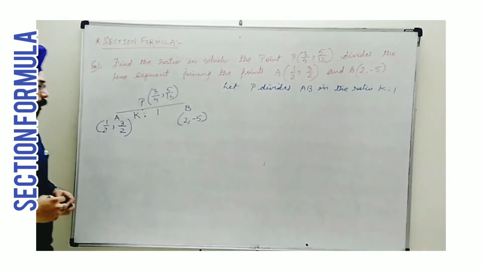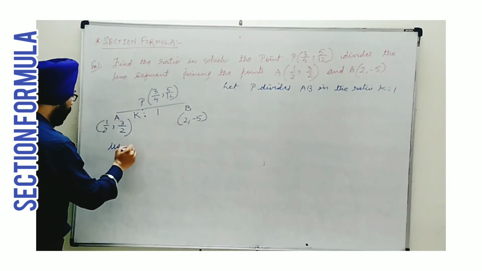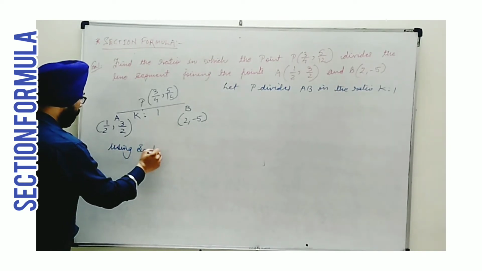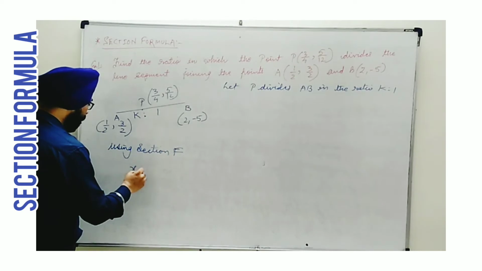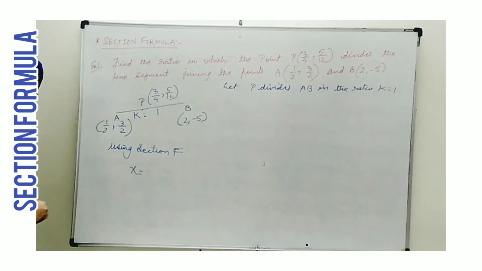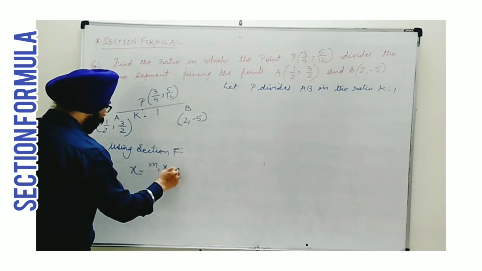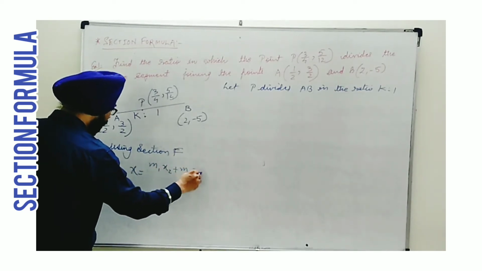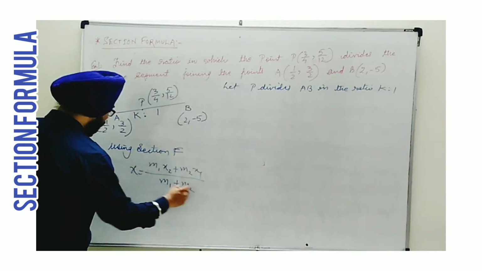So what happens? As we know the formula, what is the formula? Section formula. Using the section formula, what was the situation? X, which is the abscissa of P, is taken as (m1 x2 + m2 x1) upon (m1 + m2).